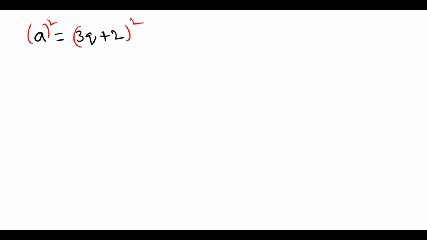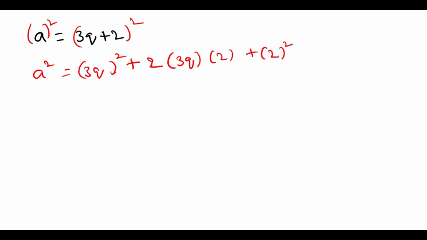So a square, in a plus b whole square form, a square plus 2ab plus b square, and in the next step we get 9q square, 2 3s are 6, 6 2s are 12q, plus 2 square is 4.